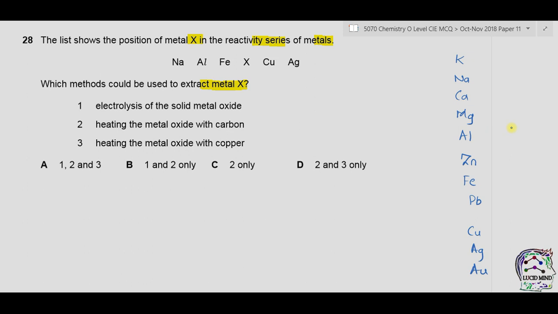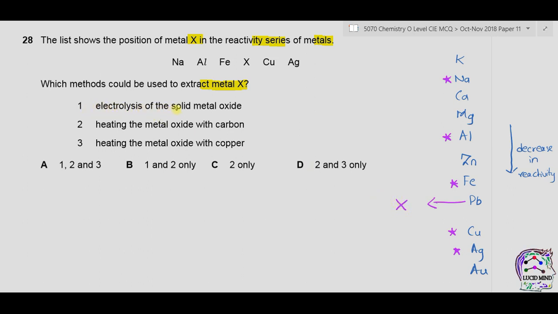The reactivity of metals decreases down. Among the given metals we have sodium, aluminum, iron. Then X is below iron, then we have copper and silver. It means that X can be lead.